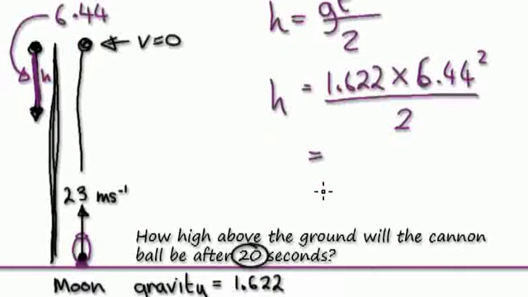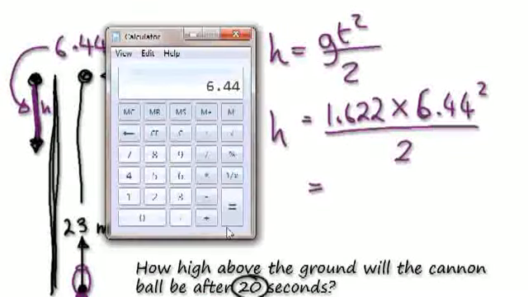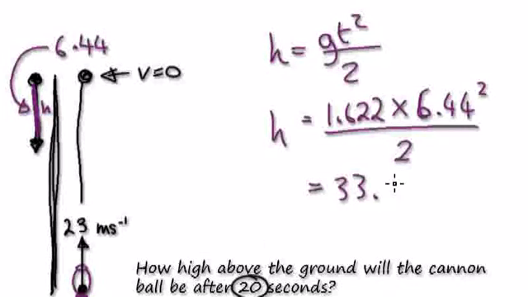Calculator: 6.44 squared equals this, then times 1.622 equals this, then divided by 2 equals this. So the free fall will be 33.64 meters.